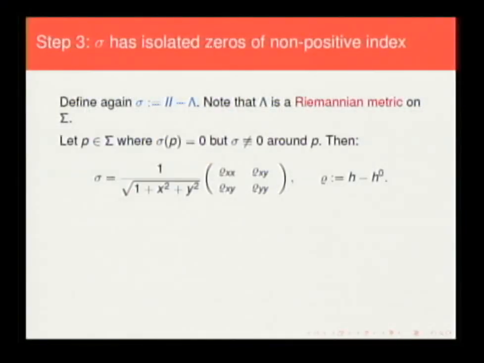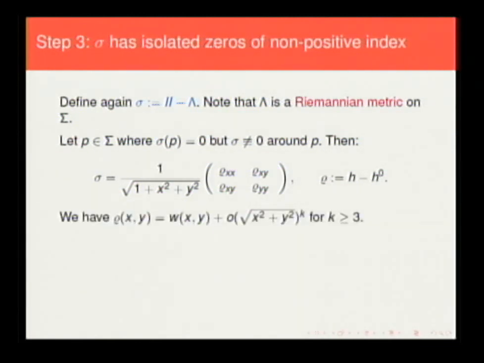Okay, now consider the point P where sigma vanishes, but it's not identically equal to 0 around P. Then a simple computation gives that, as a consequence of the previous comments, sigma is basically the Hessian of rho. But we have some property about rho.